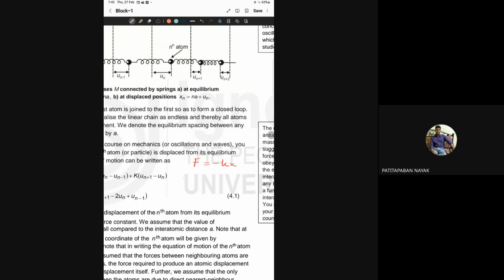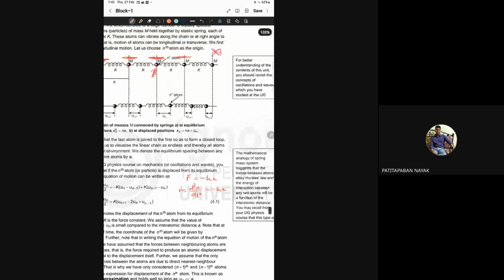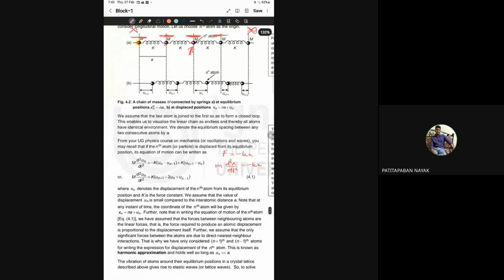Now F is m d square x by dt square, equal to minus kx, where k is the spring constant. This is what we know. This is also similar. M is the mass, m d square un by dt square should be equal to minus k un.